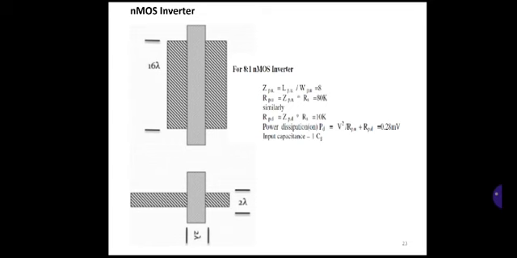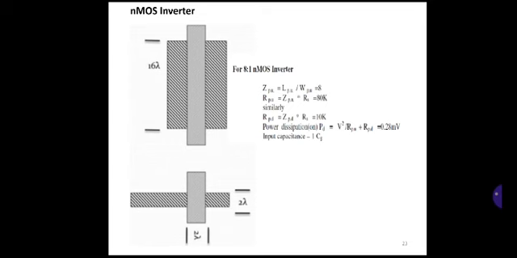As we have discussed, ZPU, the impedance of the pull up transistor, is LPU divided by WPU, the length and width of the pull up transistor, equal to 16 lambda divided by 2 lambda, which is 8. The resistance of the pull up transistor RPU is equal to ZPU into RS, where RS from the table is 10 kilo ohm.